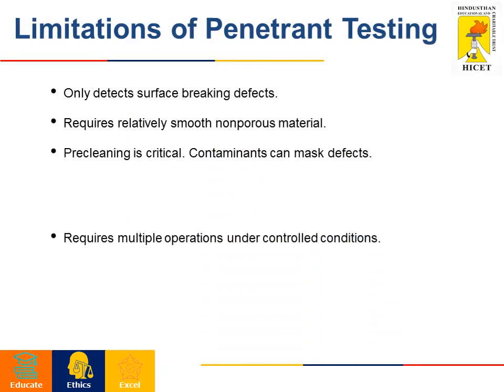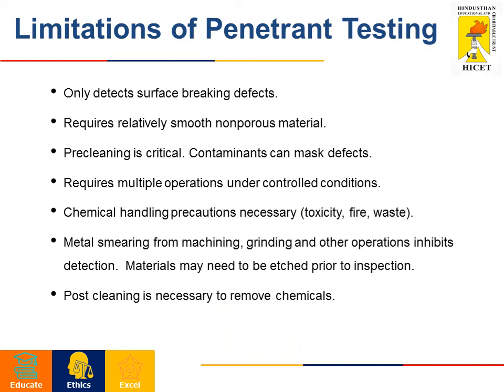Limitations: only surface defects can be found, the surface should be smooth, pre-cleaning is very critical for complicated components, and precautions are needed in chemical handling. Machined, ground and other smeared metal surfaces make defects very difficult to detect, and post cleaning is also necessary.